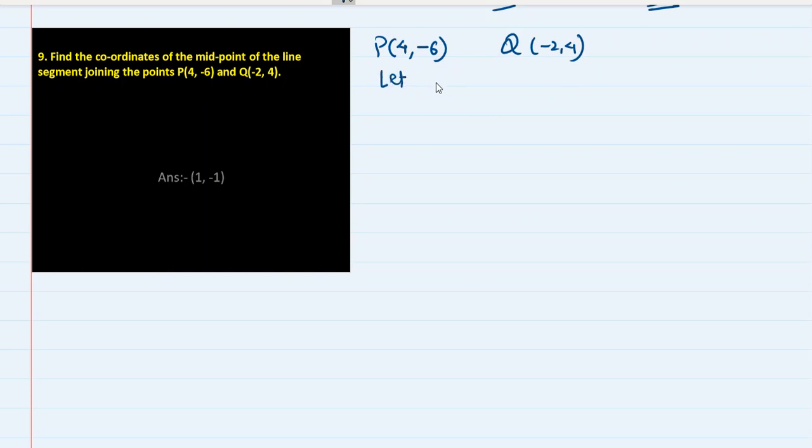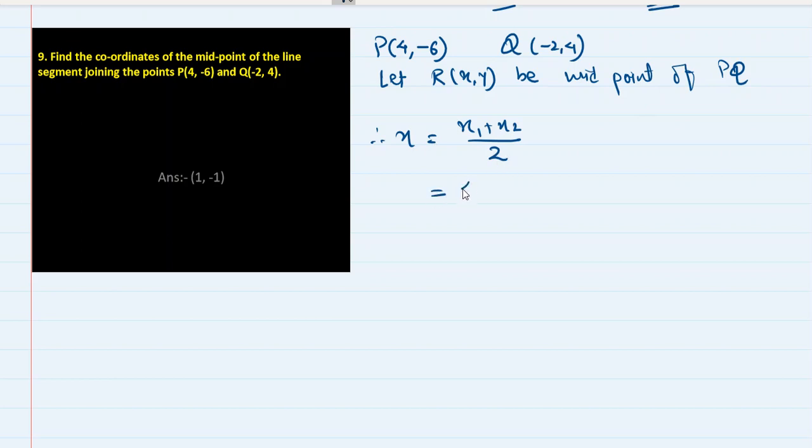So let R x comma y be midpoint of PQ. Therefore x is x1 plus x2 by 2, which is 4 plus minus 2 by 2, that is 4 minus 2 by 2, which is 2 by 2, which is 1.